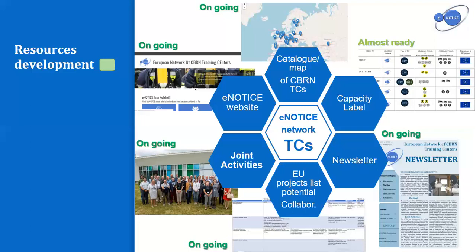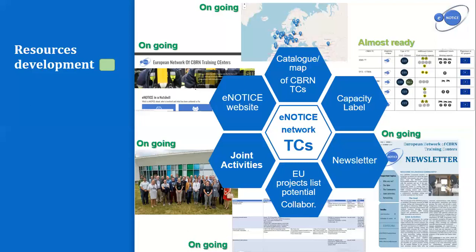The newsletter. The newsletter is another relevant instrument for the network. In fact, we use it to disseminate the information about the project, of course, the network, but also other useful information for the CBRN community.